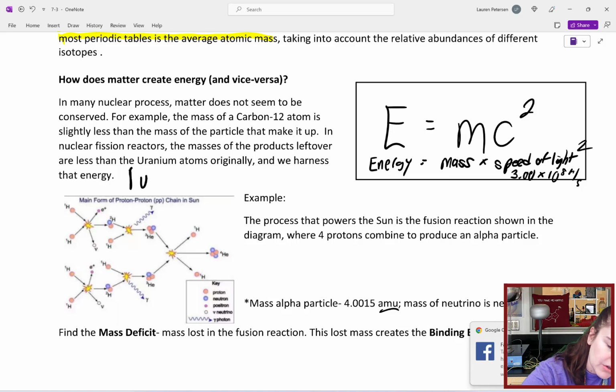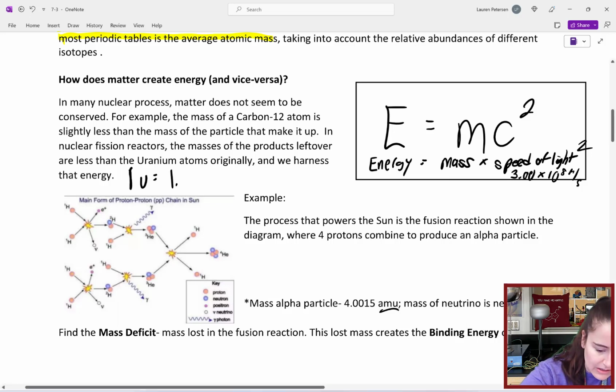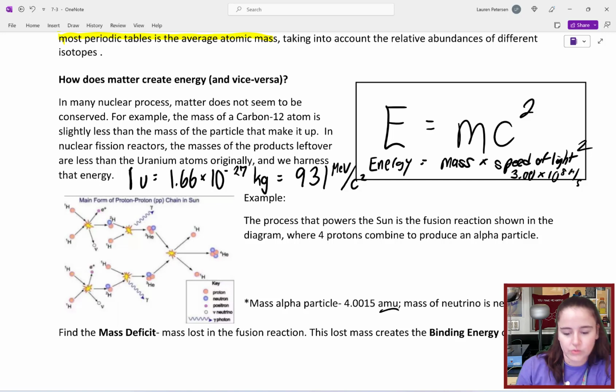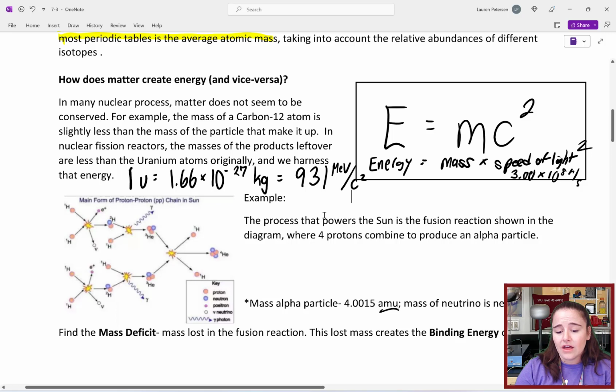So 1 u is 1.66 times 10 to the negative 27 kilograms. When we're working in electron volts, with really, really small amounts of energy, we can use a direct conversion of 931 mega electron volts per c squared. Note this 931 mega electron volts is energy.